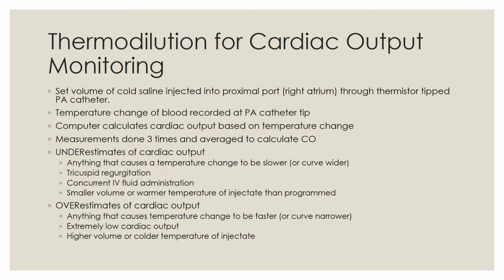So essentially how it works is a set volume of cold saline is ejected into a proximal port of a PA catheter into the right atrium. And then the tip of this catheter has a little thing called a thermistor, which monitors temperature.